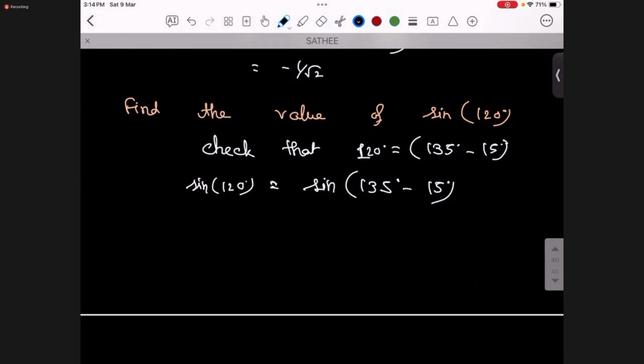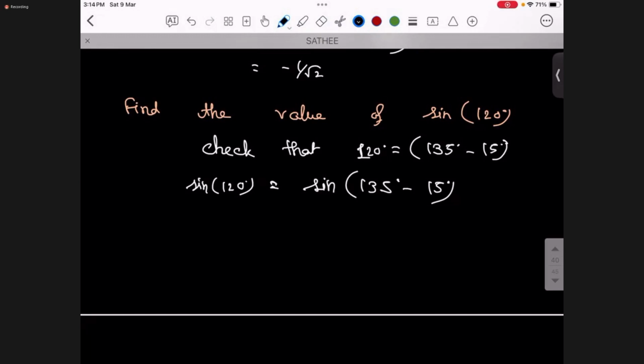By this way, one can find very different angles which are not well known to us, just by manipulating the angles. So you just need to figure out how you can obtain that angle using the known angle measures.